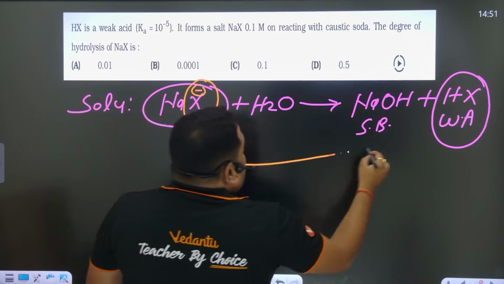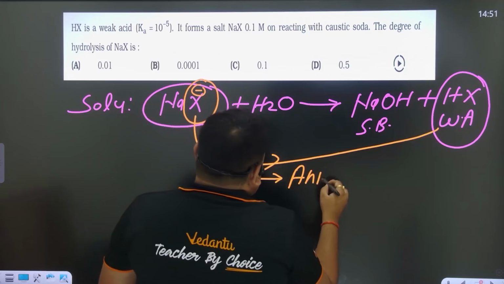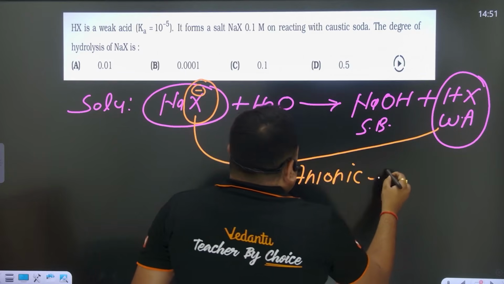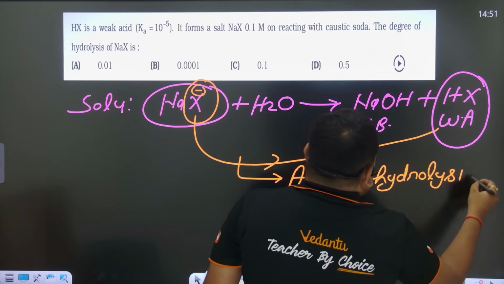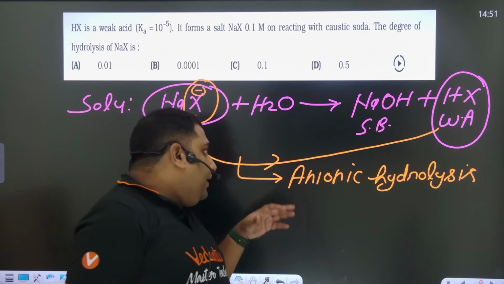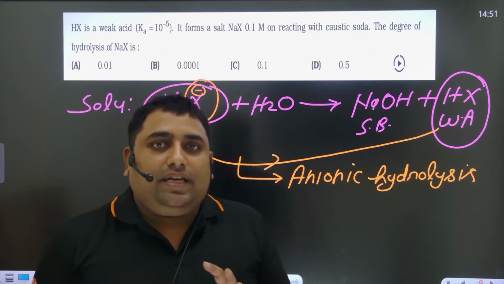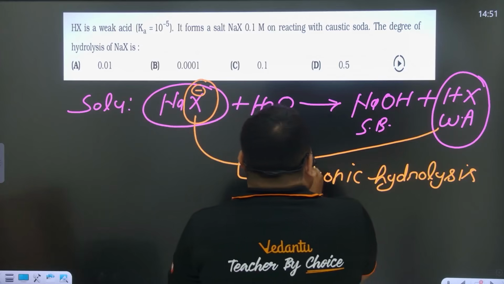So in this case, anionic hydrolysis is taking place. Now we are able to understand which type of hydrolysis is taking place in this question. Now we have to solve for anionic hydrolysis.